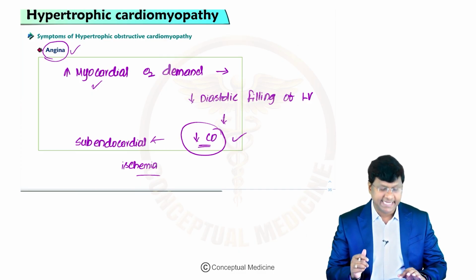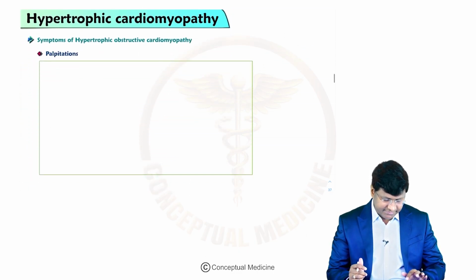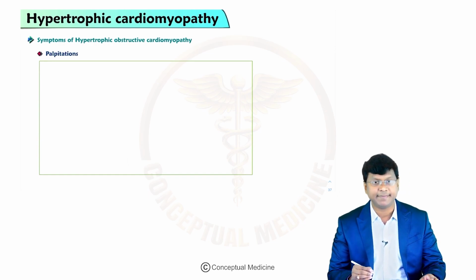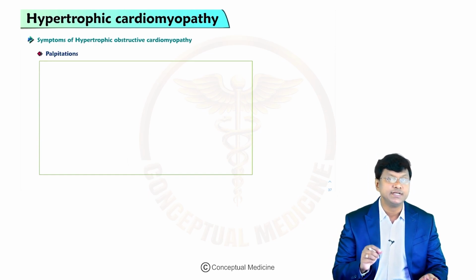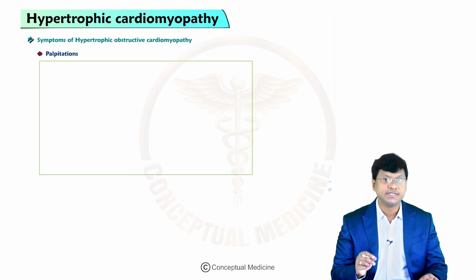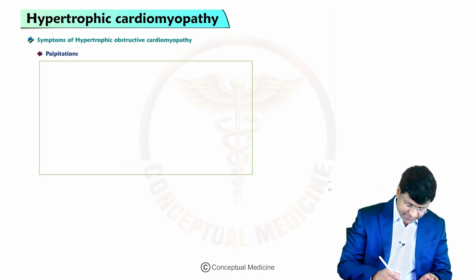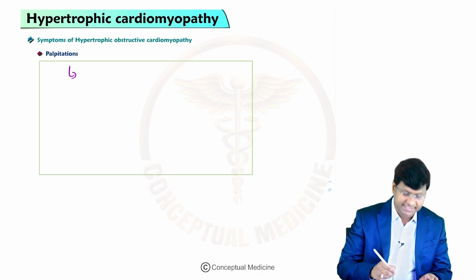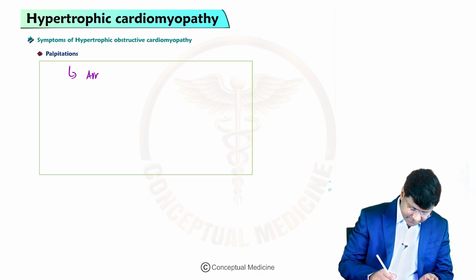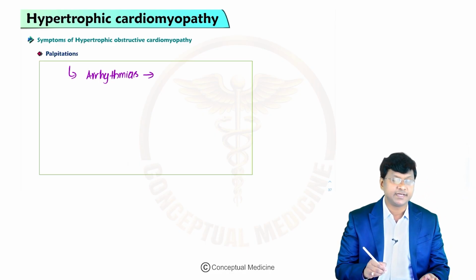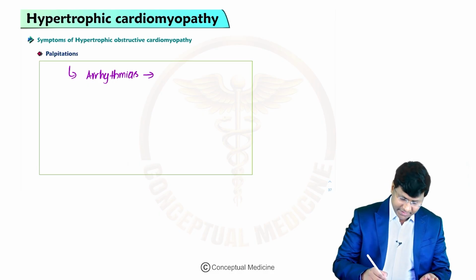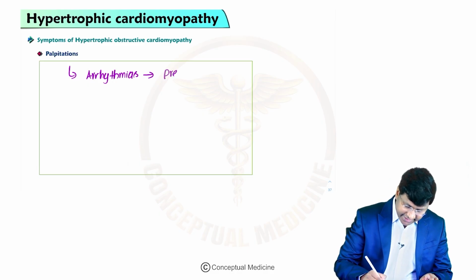Next to angina, the next important symptom is palpitations. Palpitations result from arrhythmias such as premature atrial contractions and premature ventricular beats.